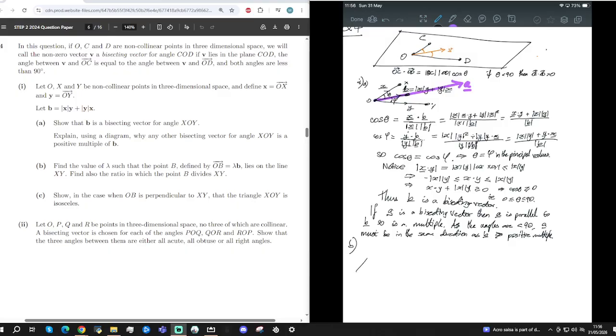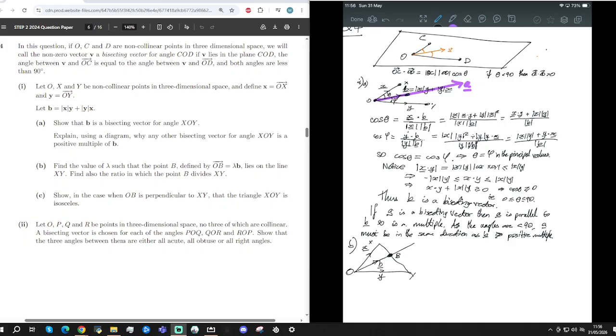So we have OX, OXY, we have that being in the direction of B, and now we want this special point here. Okay, so how are we going to find this?